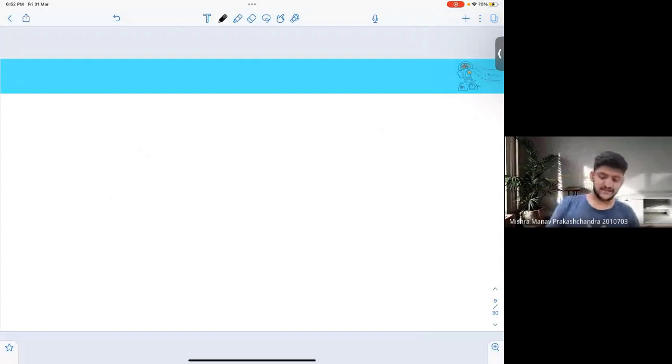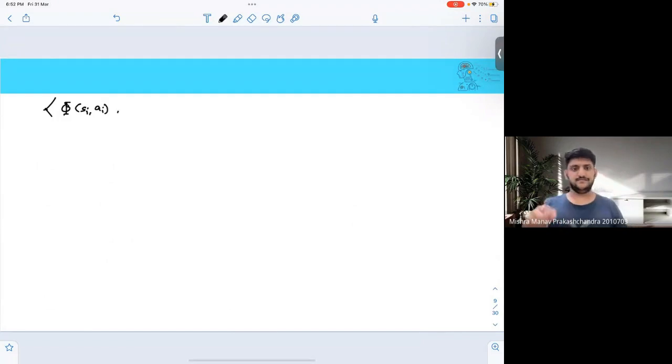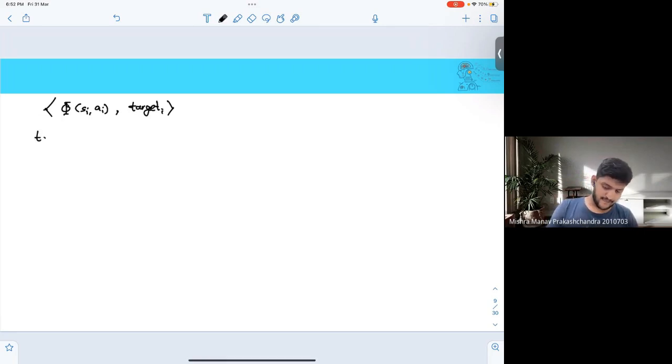The data set that we looked at is generated as follows: we have phi of si comma ai, which is the input, and the target output we'll term as target i, where target i is equal to ri plus gamma times max over a of q hat of si prime comma a.